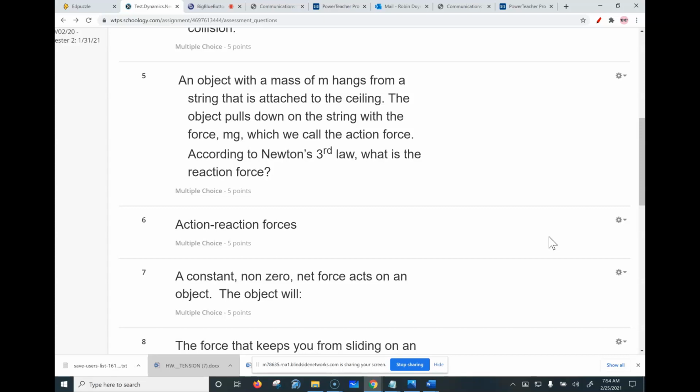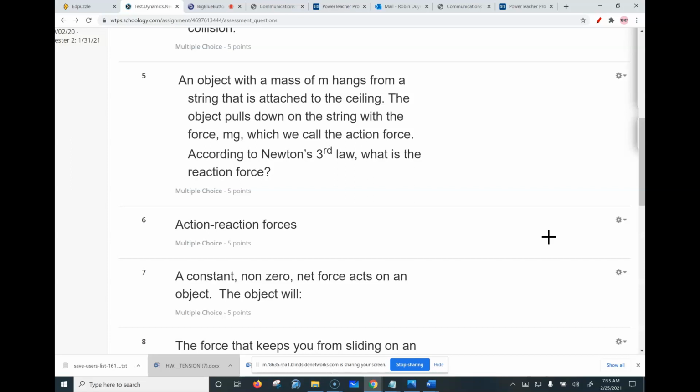First, identify the two objects we're talking about. What are the two objects they're talking about? They are talking about the ceiling, but let's look at it here.